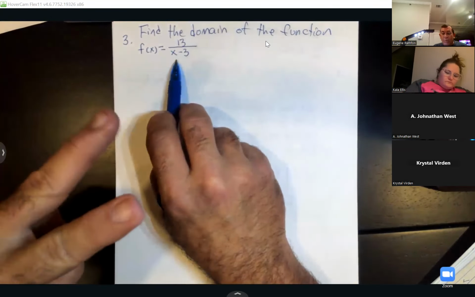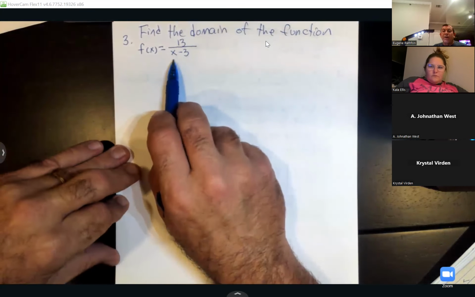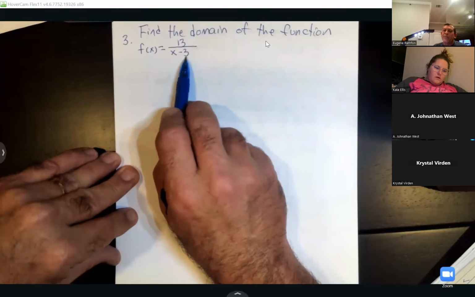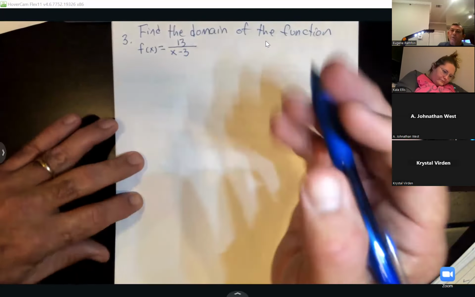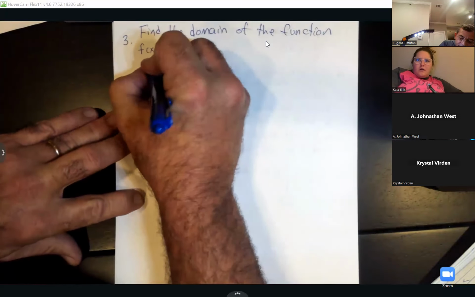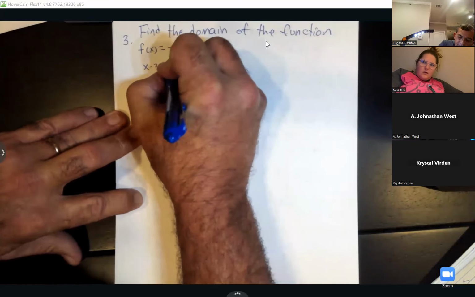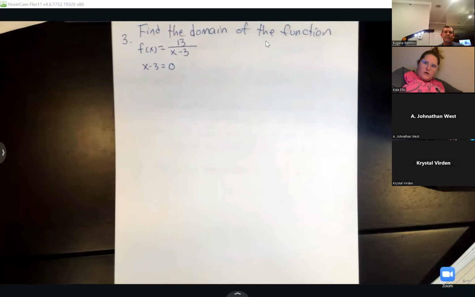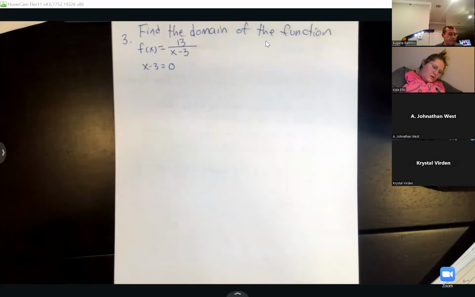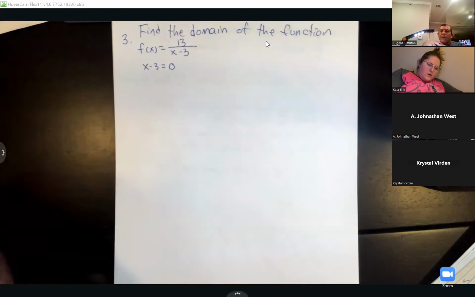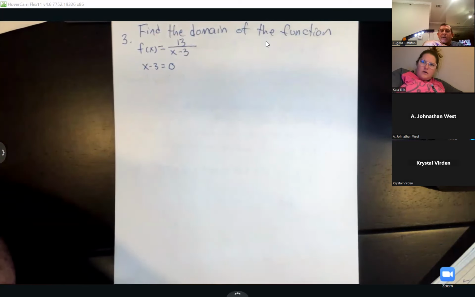So it's possible there is a number out there that, when I plug it in for that x, makes that bottom equal 0. So what would you do? You would take that denominator, x minus 3, and set it equal to 0.